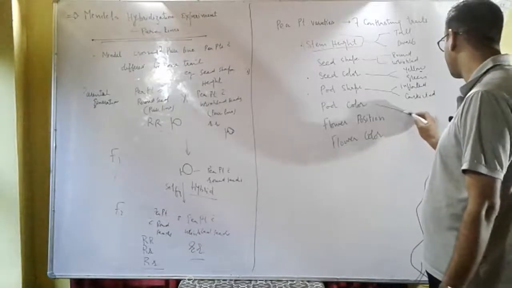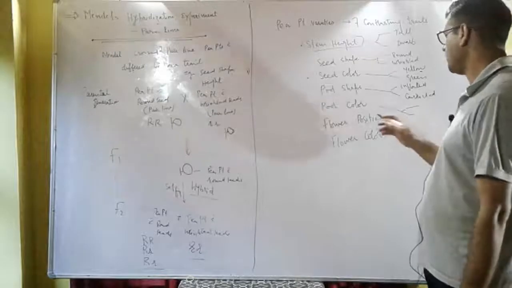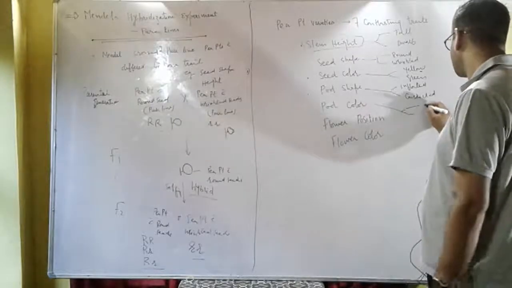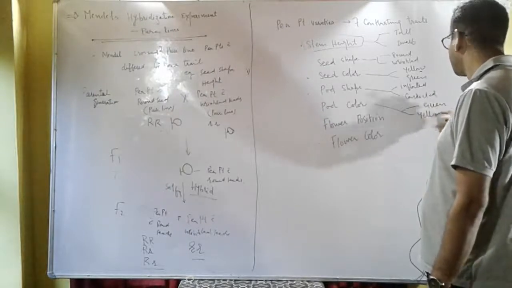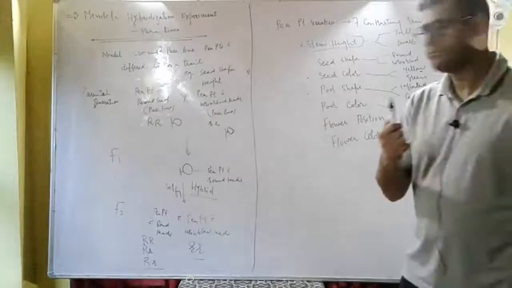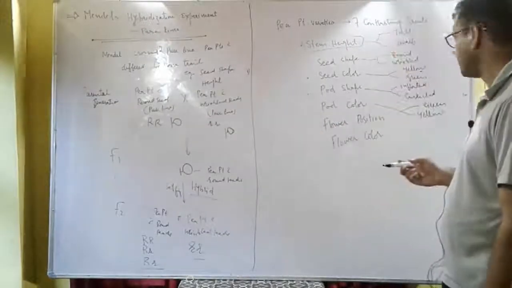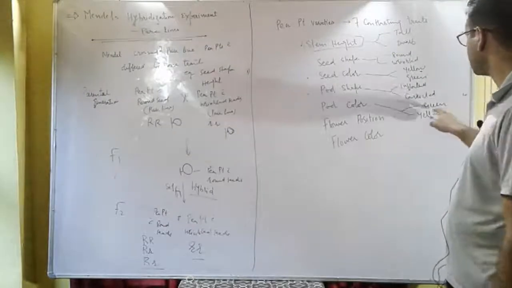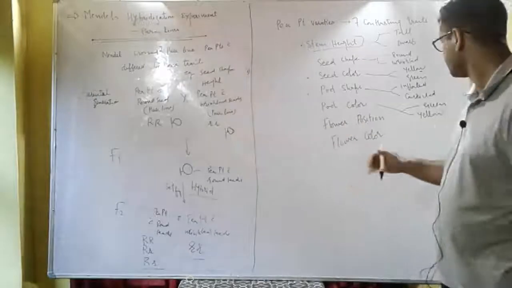Then pod color. Some pea plants have green pods and some have yellow pods. He crossed the pea plants having green pods with those having yellow pods, and in the F1 generation he obtained pea plants with green pods.